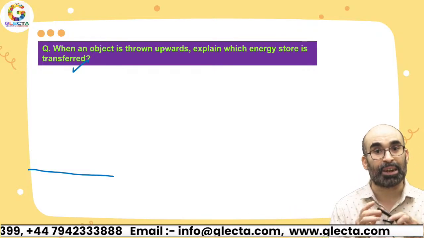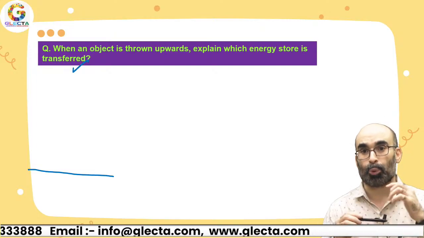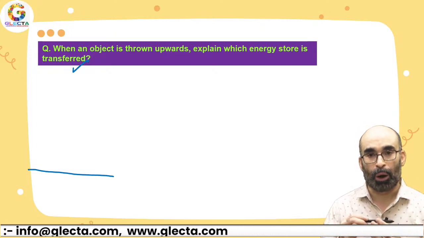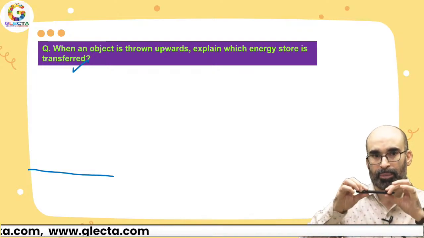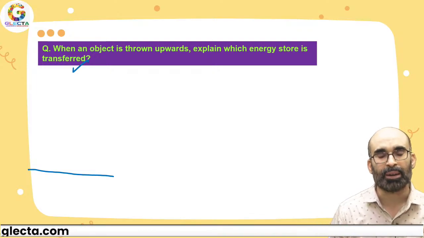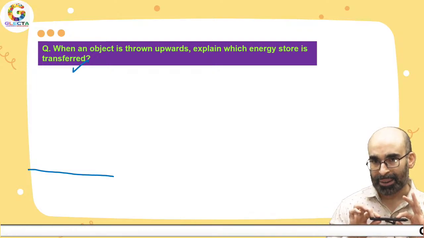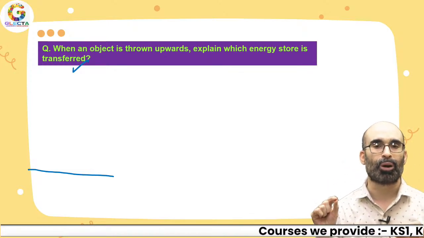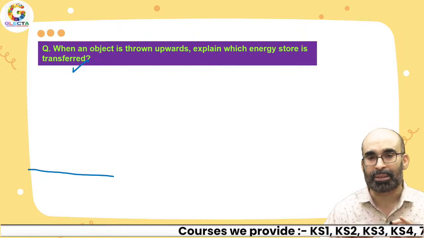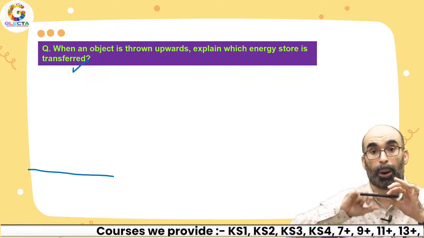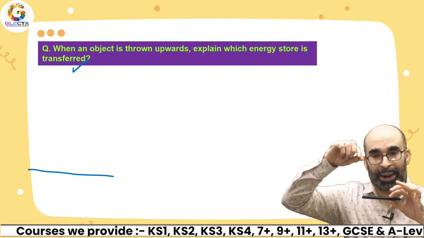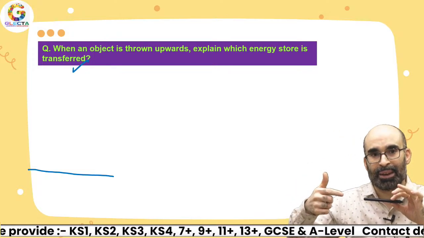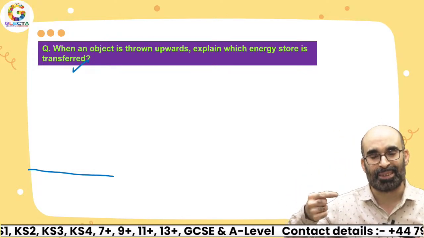Whatever energy it had, it was in the kinetic energy store. Now as it is moving upward, it is going against gravity, so speed decreases.